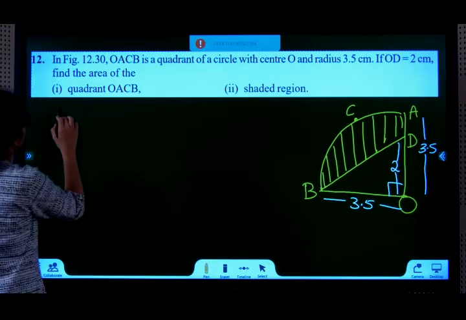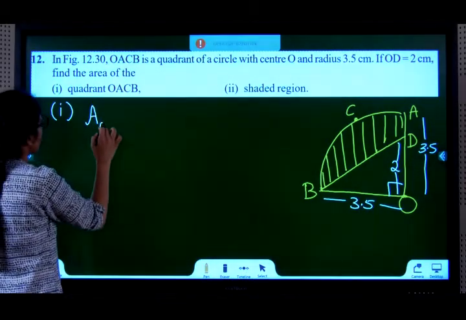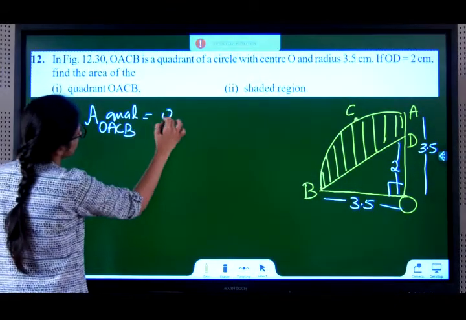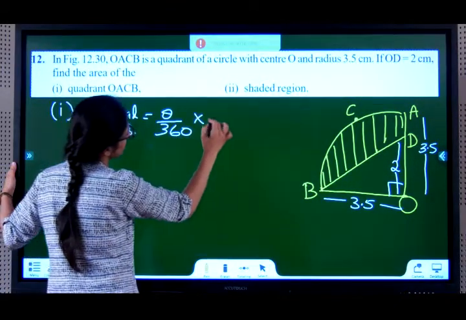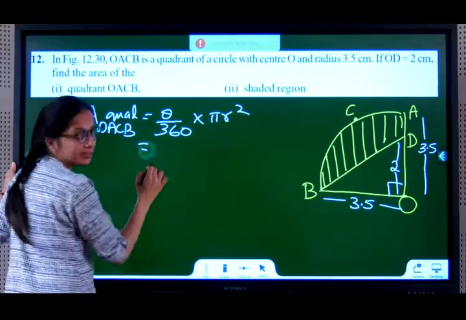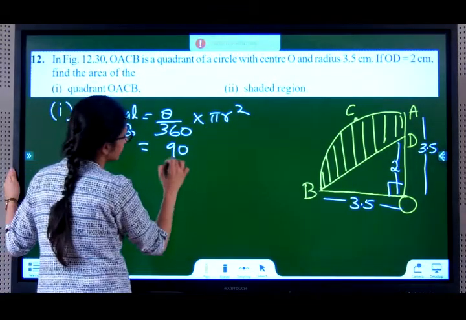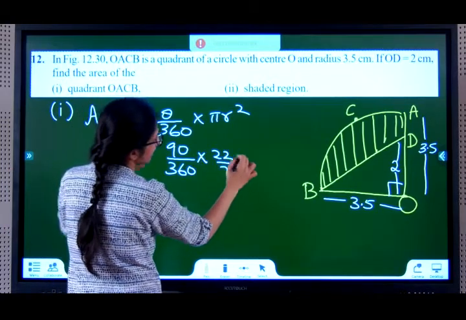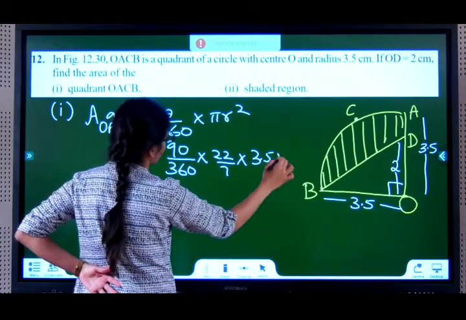Easy, very easy, the first part. Area of quadrant OACB, theta by 360 into pi r square, theta 90 by 360 into pi, 22 by 7, r is 3.5 into 3.5.